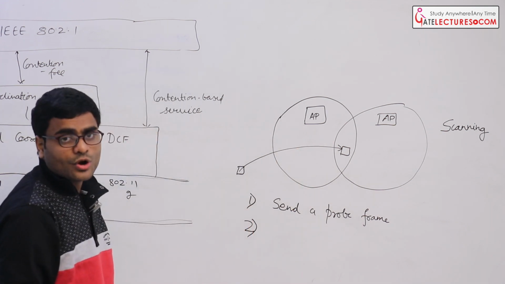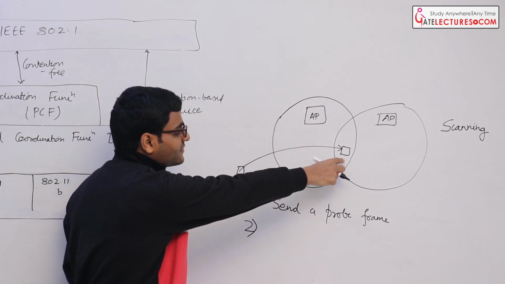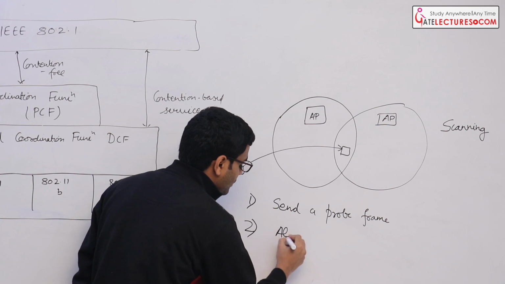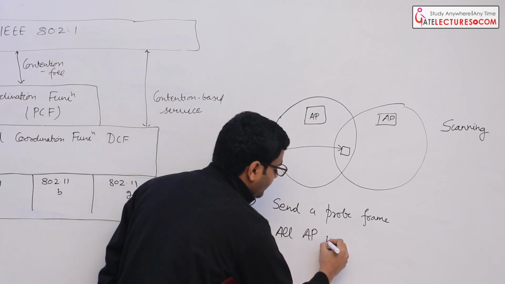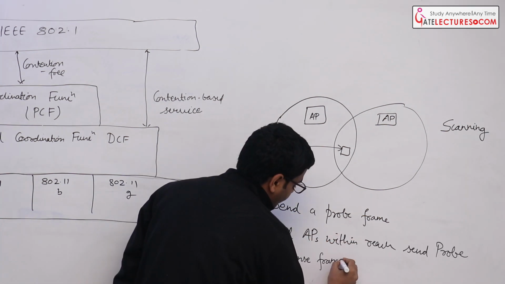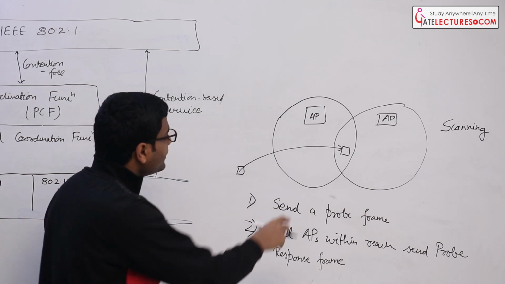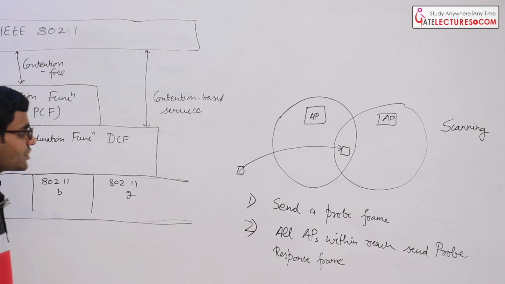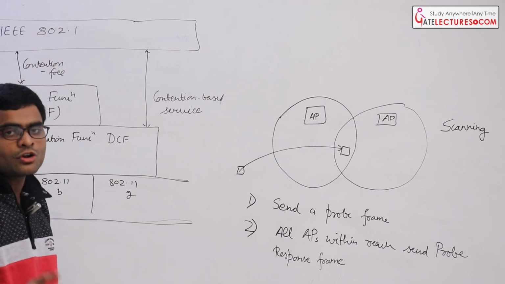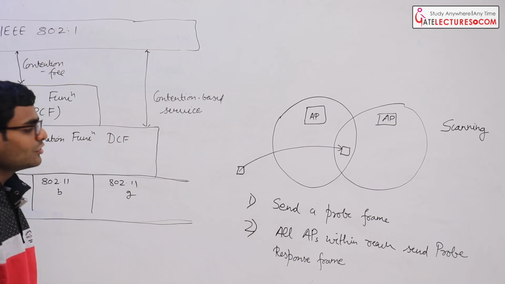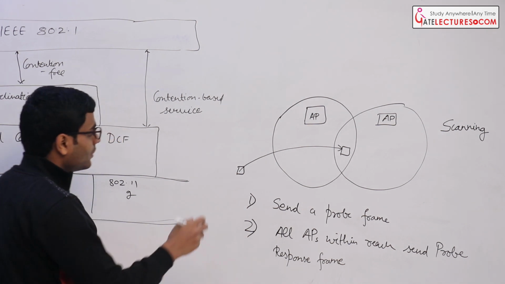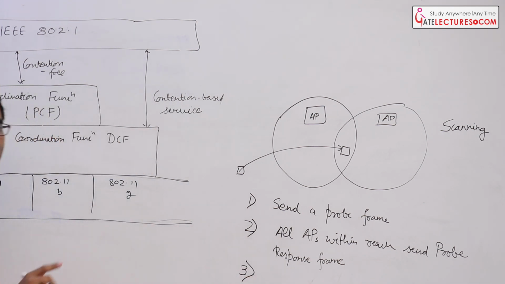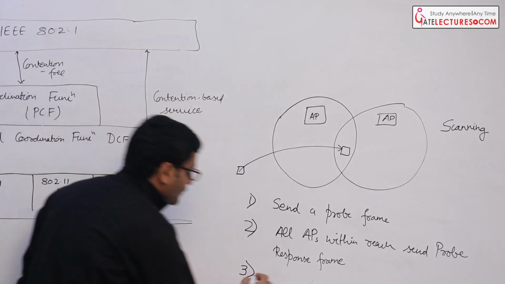Then all the access points which are in the reach of this station will send a probe response frame. After getting all the probe response frames, this station will associate itself with one of the APs. So this station will select one of the APs and it will send an association request to that access point.